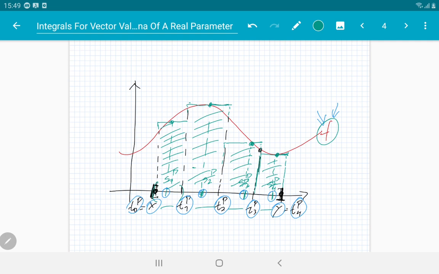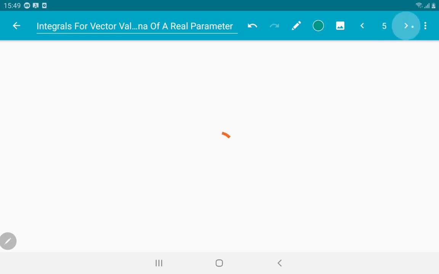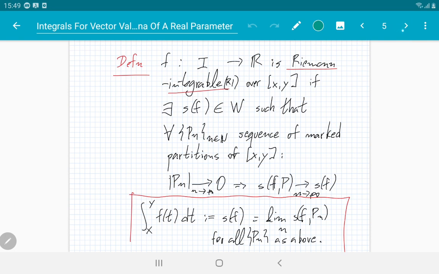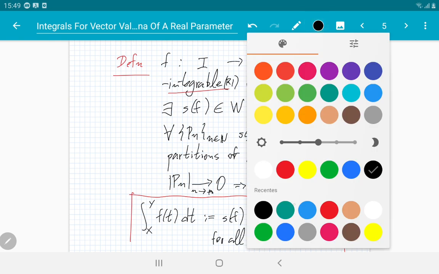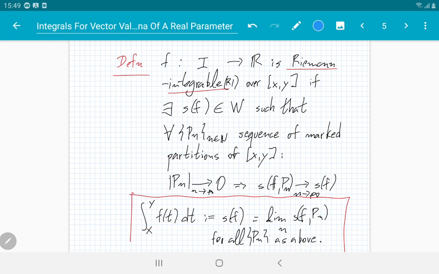Okay? So good. What is a Riemann integrable function? Here's our definition. A function is Riemann integrable over x, y if, no matter which sequence of partitions you take, as long as the size of the partition goes to 0 when n goes to infinity, right?